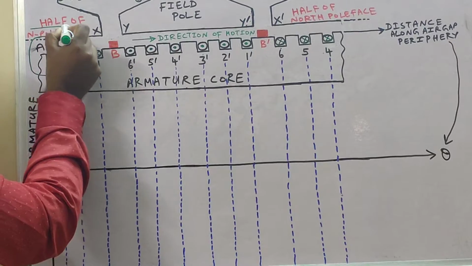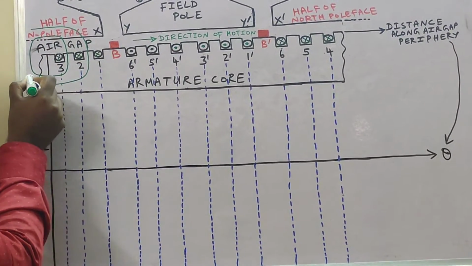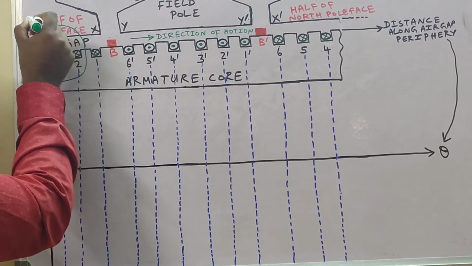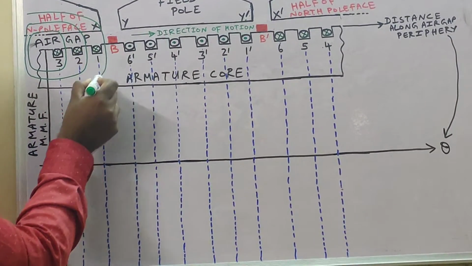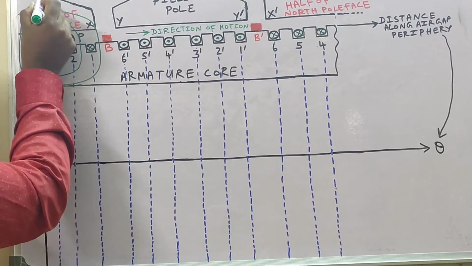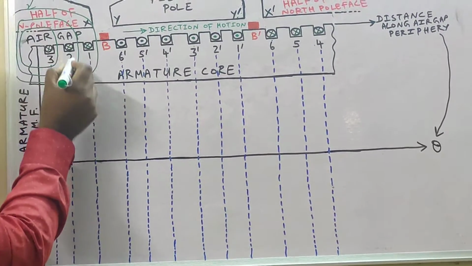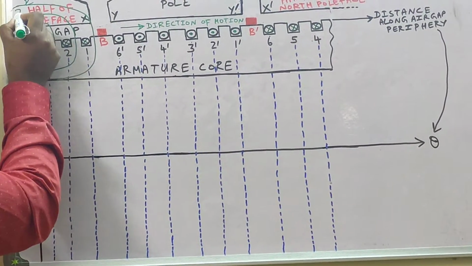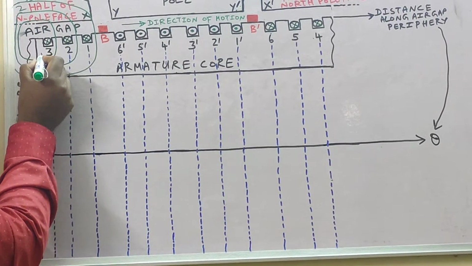Then this will be my second closed path. This will be the third closed path. So this is path number 3, this is path number 2, and this is path number 1. Okay.